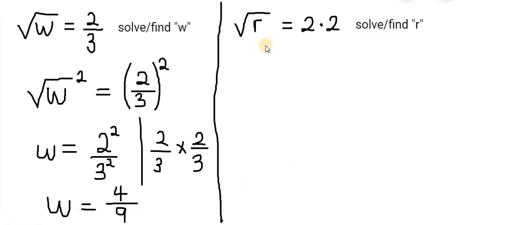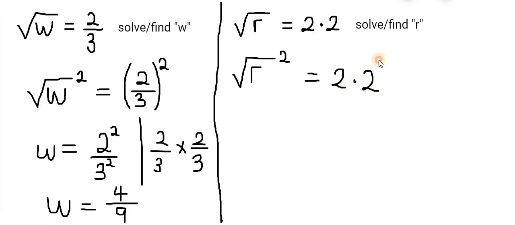Now, we have another question. Square root of r is equal to 2.2. Solve or find r. Basically, get r on its own. So, we identify the square root connected to r as what we need to get rid of. So, the opposite sign we have to use is the power of 2, or a square. So we apply that to square root of r, and because we've done that to the left of the equals to sign, we have to do that to the right of the equals to sign.